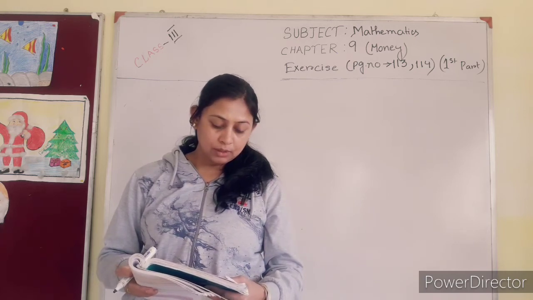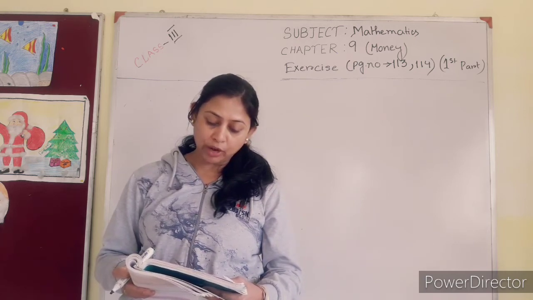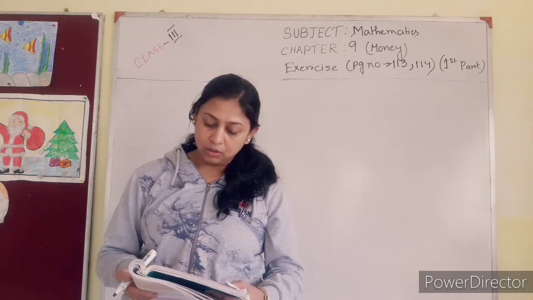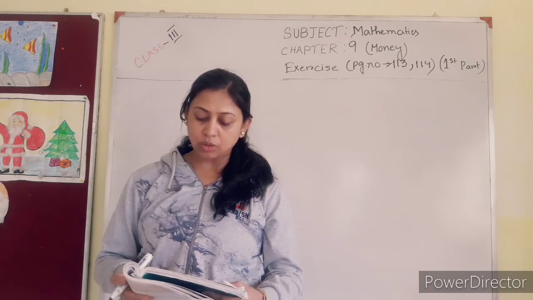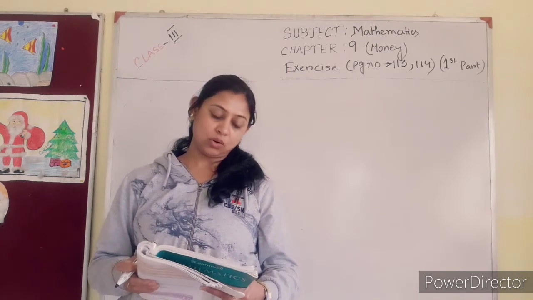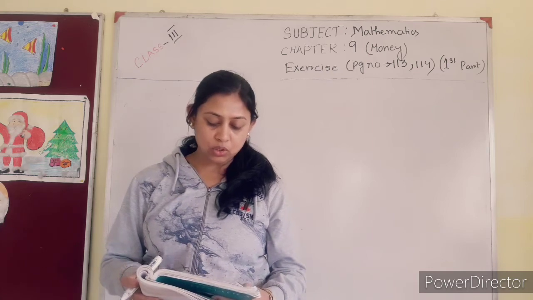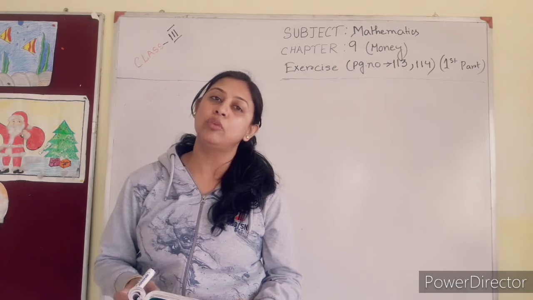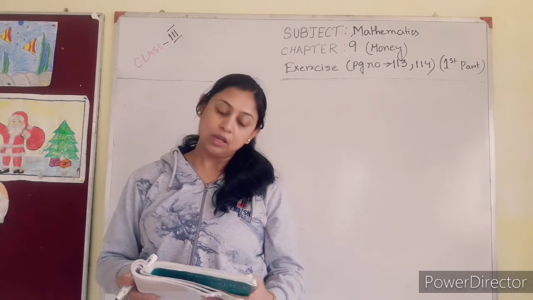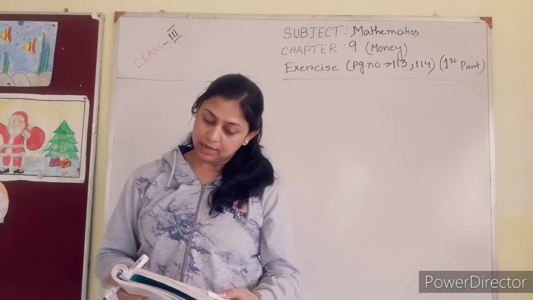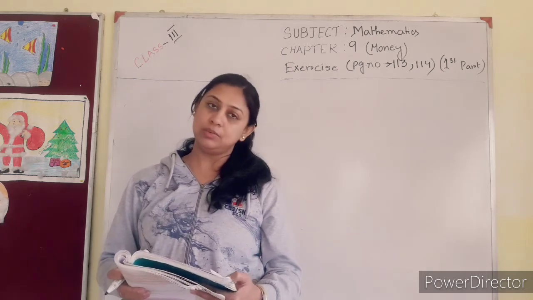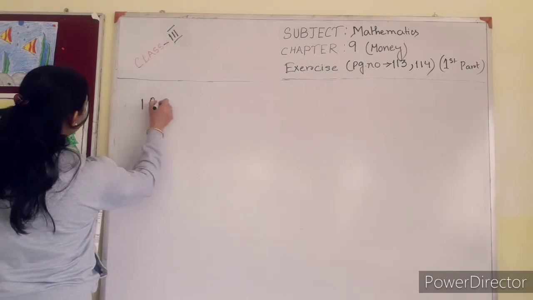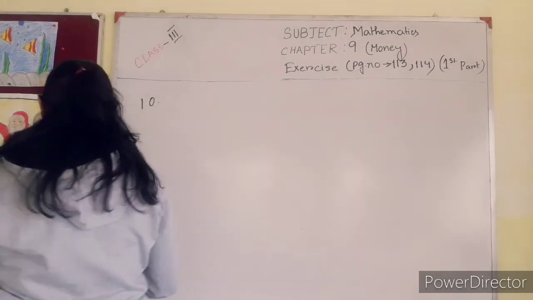Number 12, Poridhi bought 5 fancy dresses for rupees 1226.25. Find the cost of each dress. For that you have to divide. So the first one is addition, the second one is multiplication, the third one is division. Number 10 I am going to solve for you, and 11 and 12 you will solve by yourself.